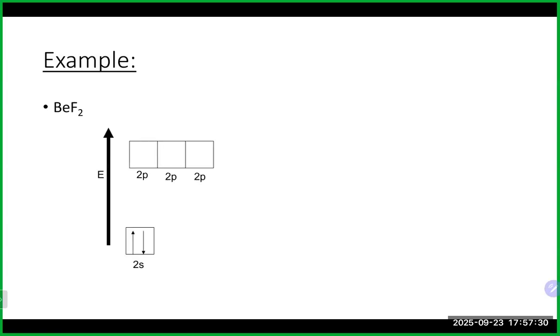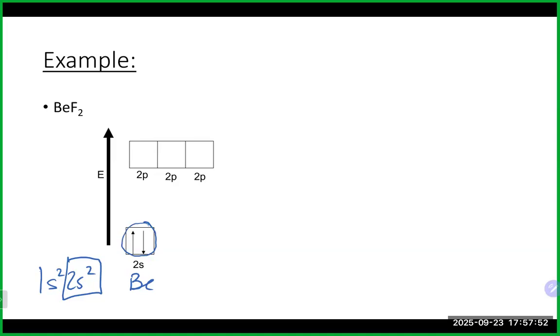So for example, if we look at beryllium fluoride, beryllium here is an exception to the octet rule. It is number 4. It has an electron configuration of 1s2, 2s2. Beryllium has 2 valence electrons, and that is these guys right here.